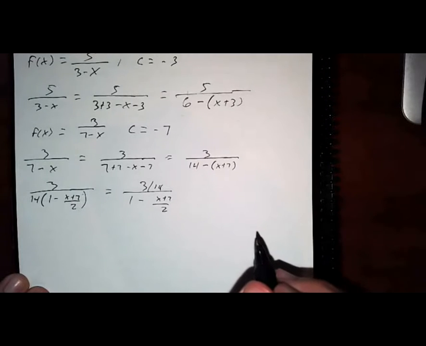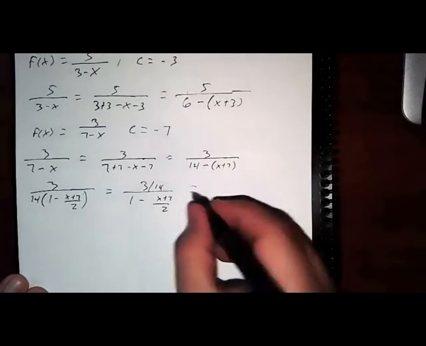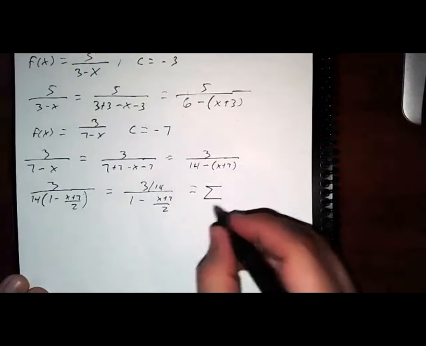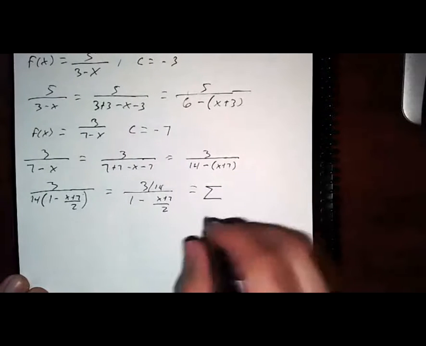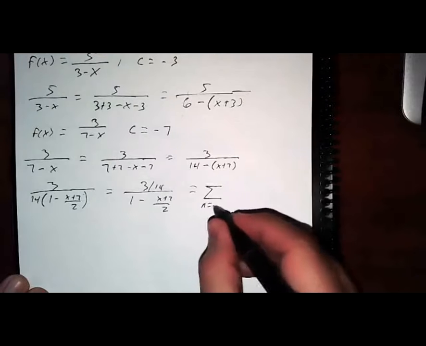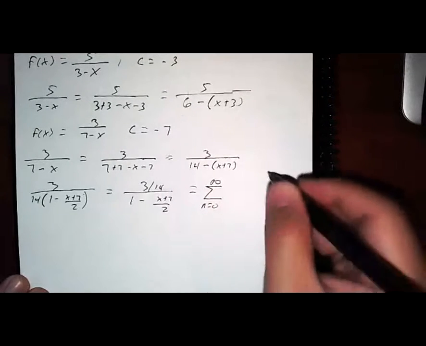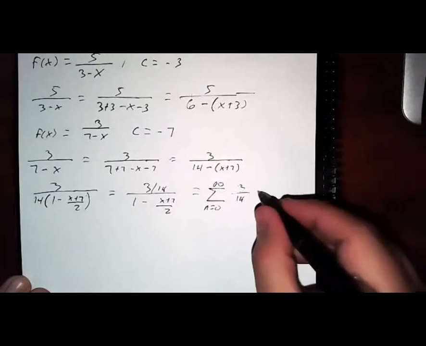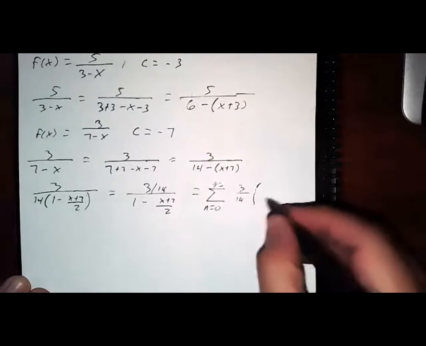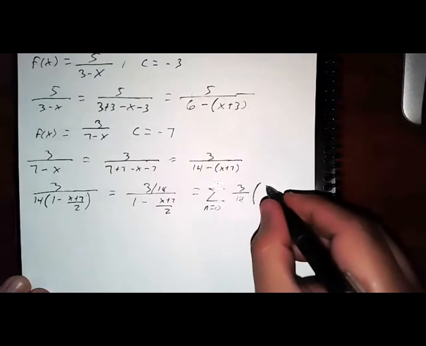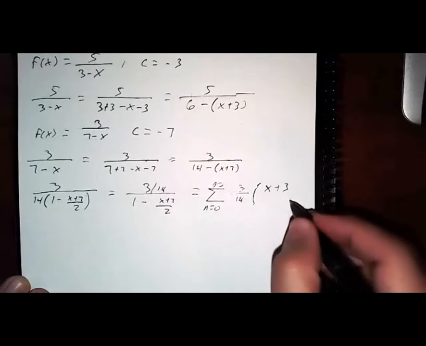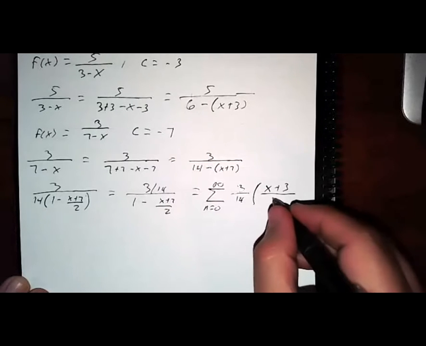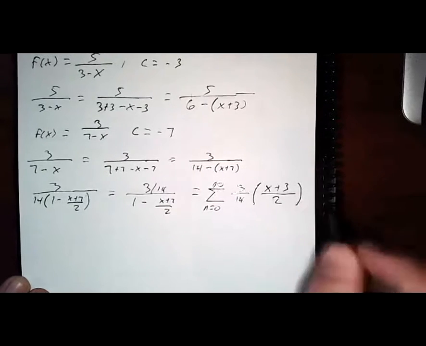So the power series would be, or the geometric, well, actually, it'd be a power series because we have that x. It's going to be the sum from n equal to 0 to infinity. So we went in reverse with our formula. 3/14 times x plus 7 over 2. Double check everything.